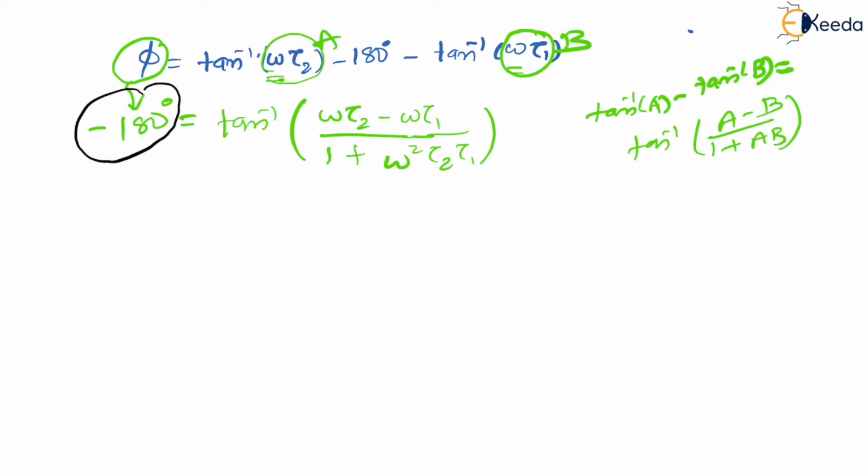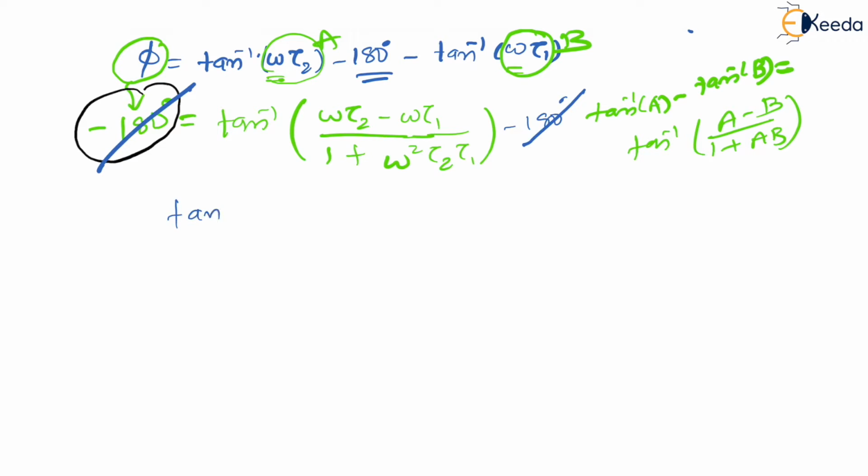Now, I had already told you that whenever angles are like minus 180 degrees or 0 degrees or 360 degrees, in such a case we equate the numerator to 0. By the way, this minus 180 degrees is also there on the other side, so the two minus 180 degrees will get cancelled.